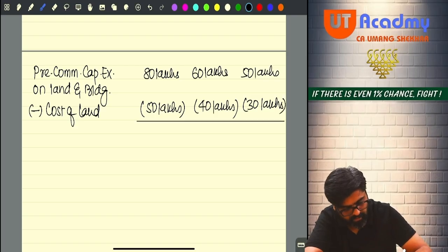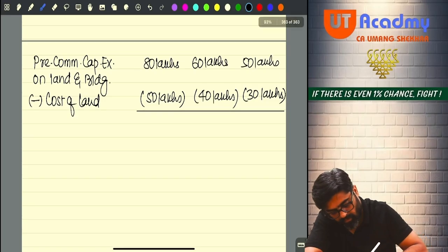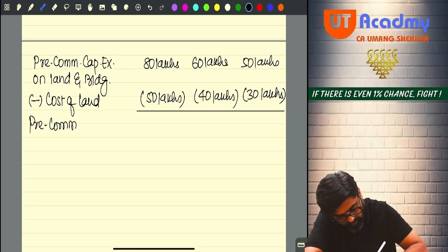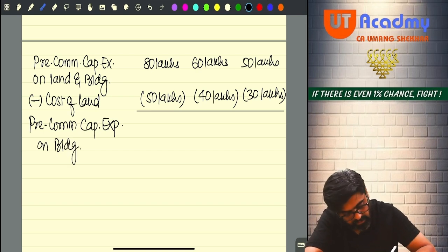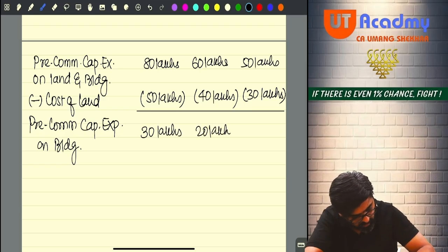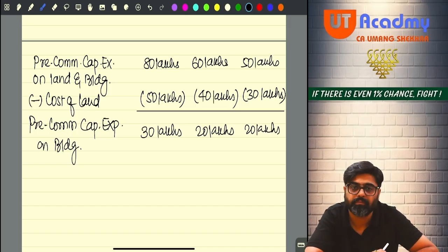Done. So, pre-commencement capital expenditure on building will remain. That is 30 lakhs, 20 lakhs, 20 lakhs.